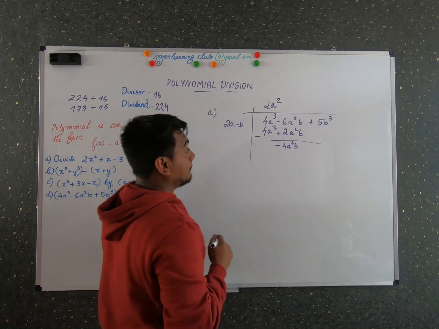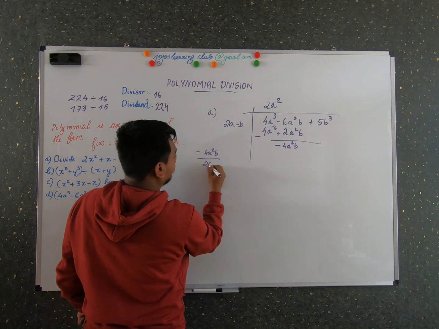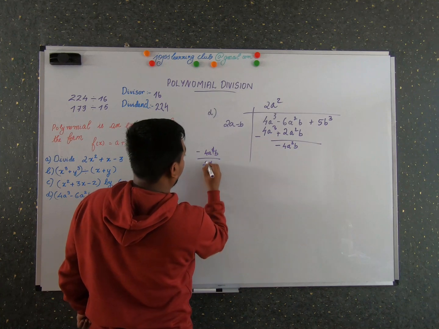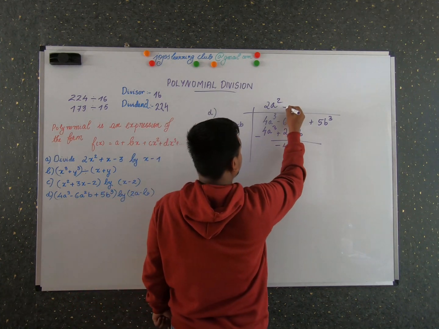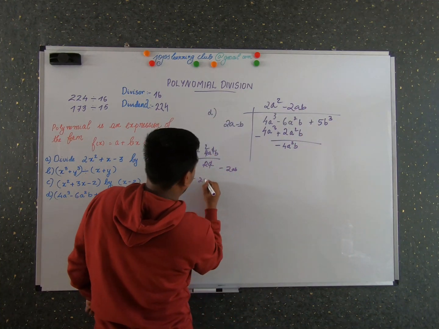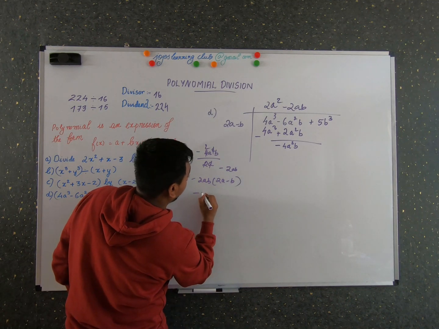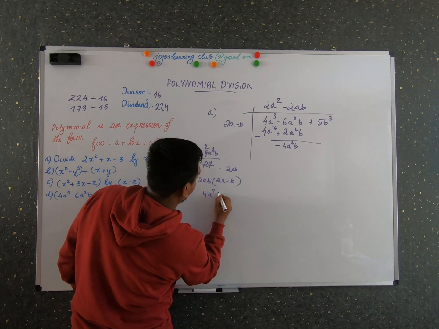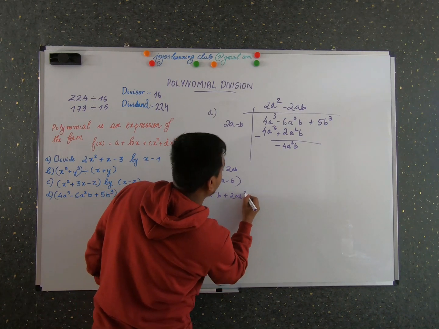So again check the next term, what it would be: minus 4a square b divided by 2a. The a will get cancelled, so minus 2ab. So write this minus 2ab back here, okay? So minus 2ab into 2a minus b. What are the terms? Minus 4a square b plus 2ab square.